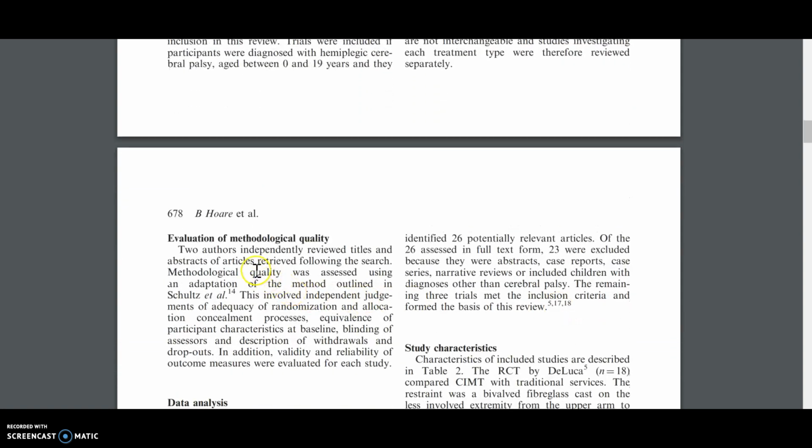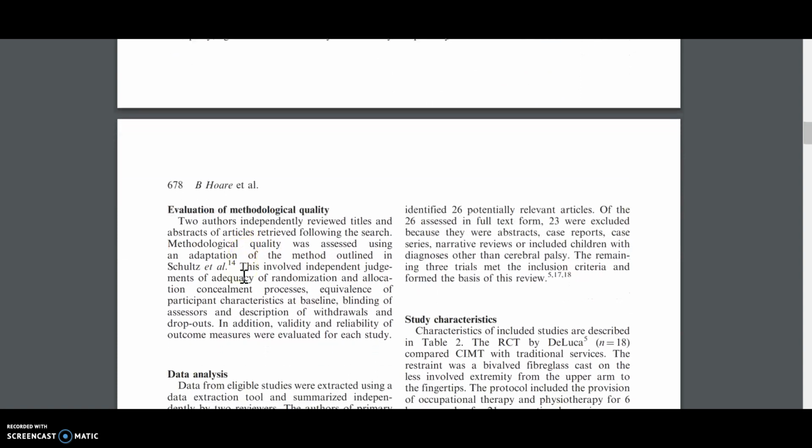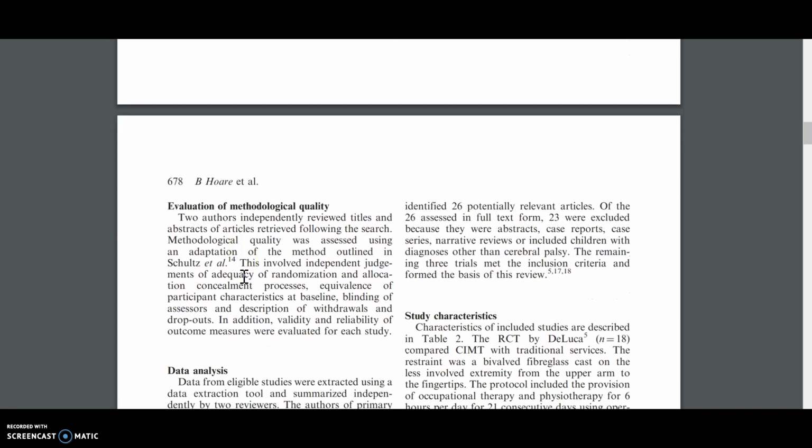You have evaluation of the methodology, the quality. So again, same way. In the studies that we looked at in the past, there's always methodology. We're always looking at the quality of the methodology, right? So they're doing the same here. They have two authors independently reviewing the titles and the abstracts of articles.